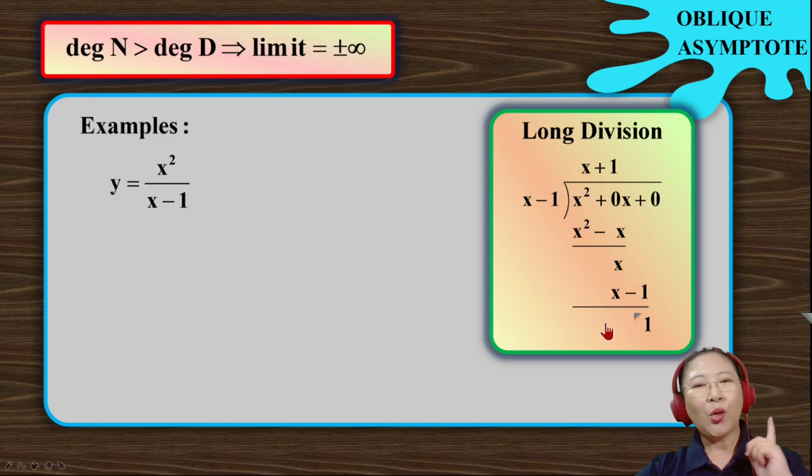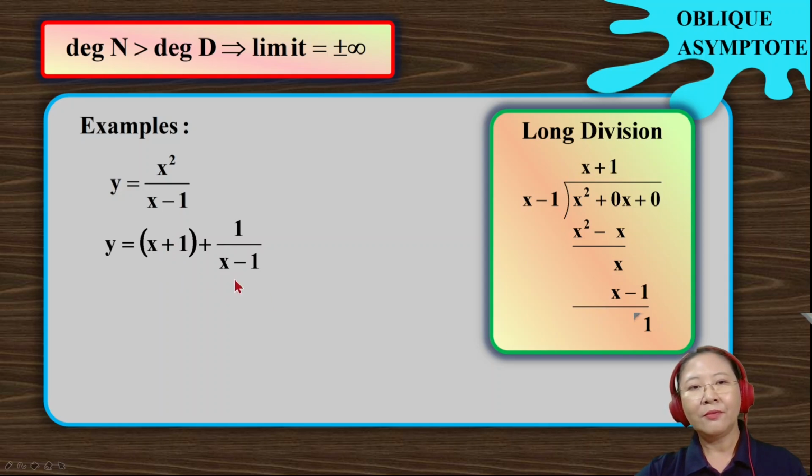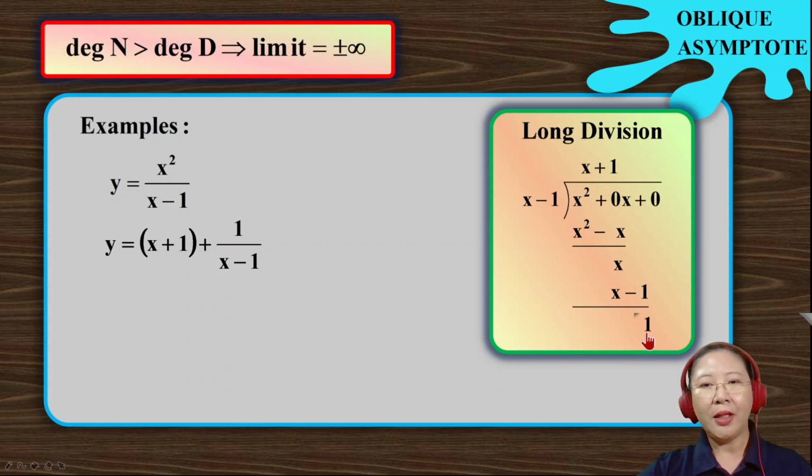So we will set up the long division and write it like this. This is the quotient, the answer that you get from the long division. This is our divisor and this is our remainder. That's our remainder over there.